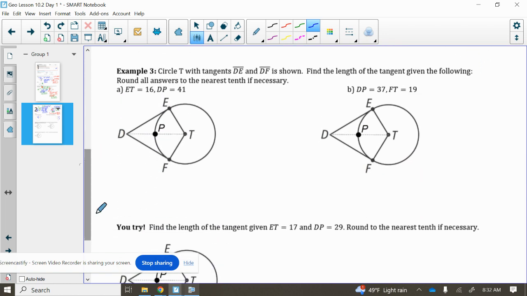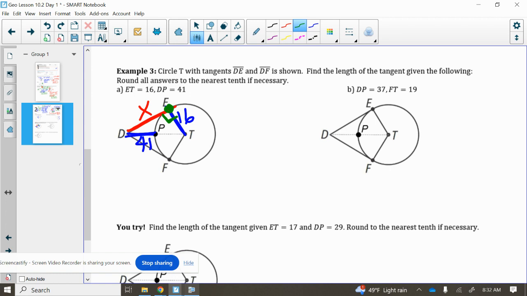All right, down here in example 3, they are giving us these tangent segments shown to the circle, and they are giving us a little bit of information in the first one: E to T is 16, D to P is 41, and we want to find the length of that tangent segment. E to D is our goal. Well, a reminder, your right angle is going to come at the point of tangency.